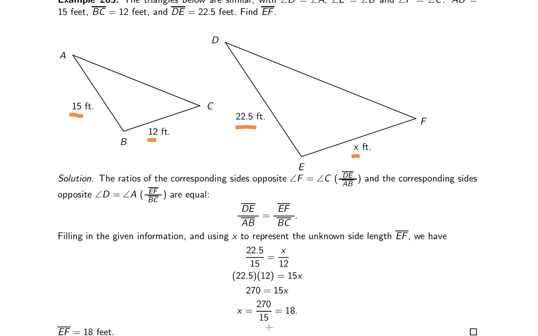Solve this. 22.5 times 12, that's 270. And on the other side, it's 15x. Divide both sides by 15. 15 goes into 270 18 times. So the missing number here is 18. x equals 18.